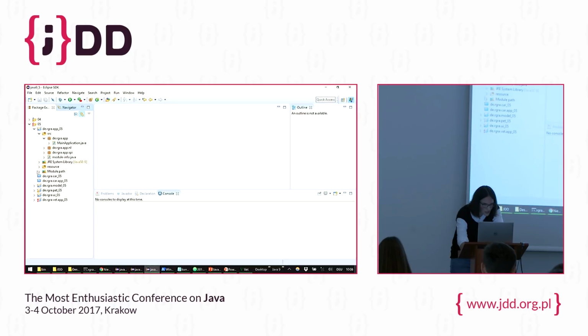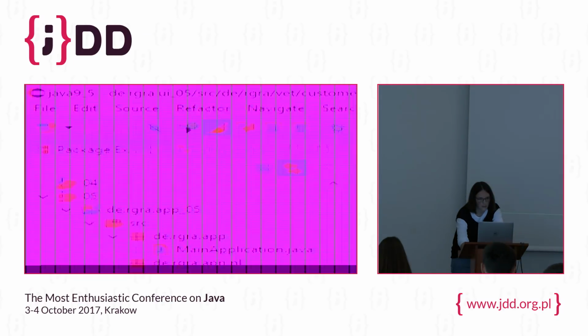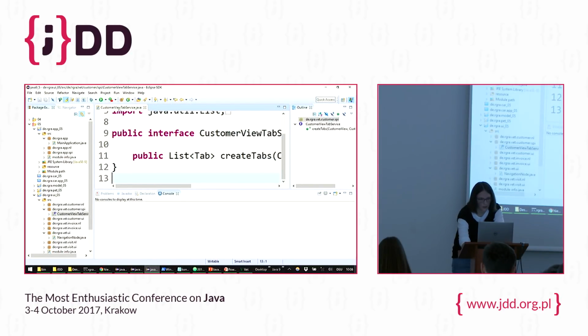So what we actually get out over here is that we have in this SPI the customer view tab service, with our code over here which creates the tabs, right?